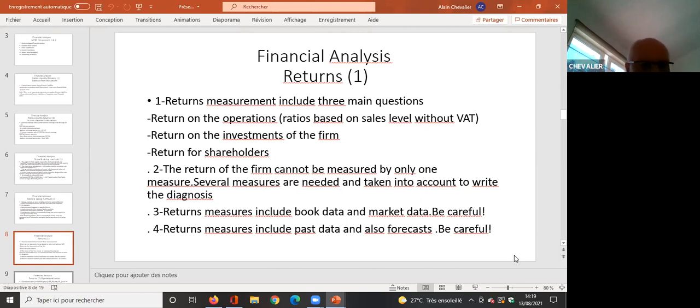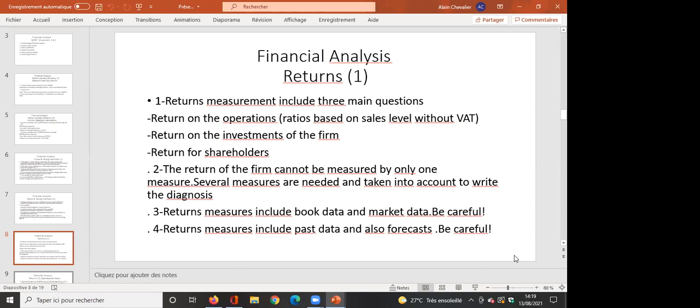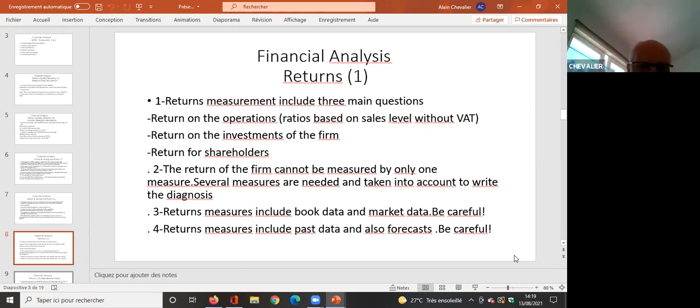We have a return on the operations themselves, which are based on the sales level, sales being used without VAT in these cases. We have questions and measures and tools to deal with return on the investments of the firm. We have also return for shareholders. That's the three main questions and ideas.